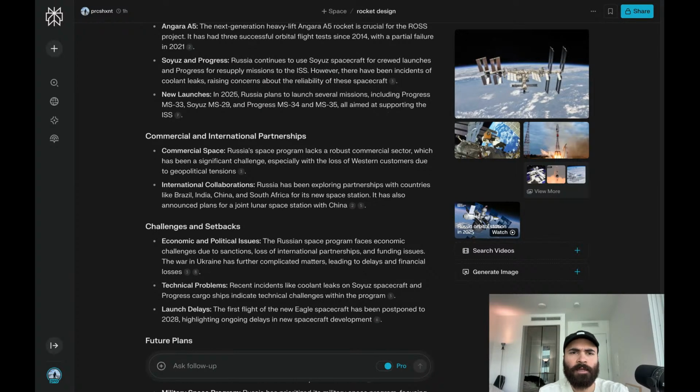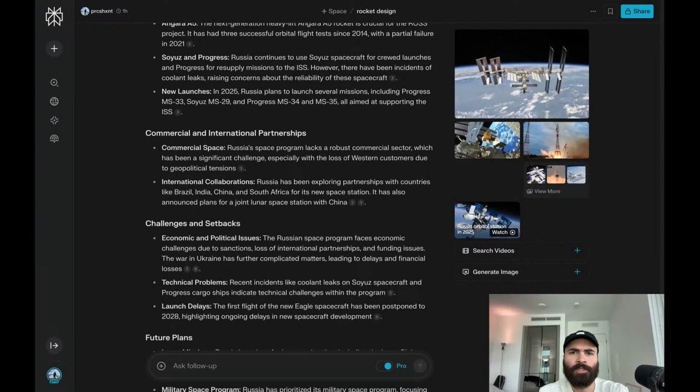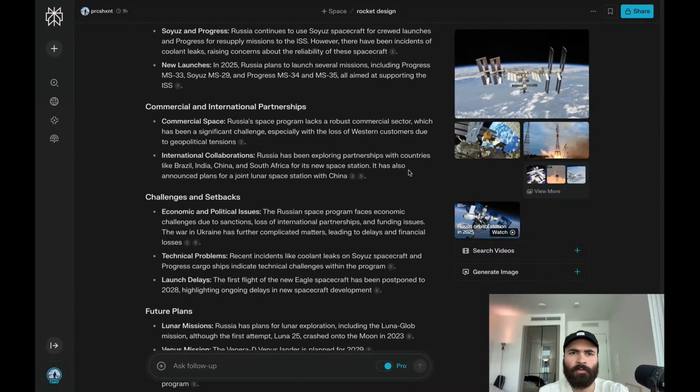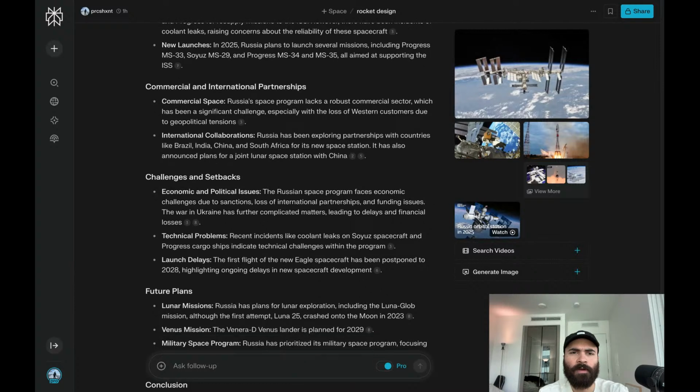It has had three successful orbital flight tests since 2014 with a partial failure in 2021. Continues to use Soyuz spacecraft for crewed launches and Progress for resupply missions to the ISS. There have been incidents of coolant leaks, raising concerns about the reliability of these spacecraft.